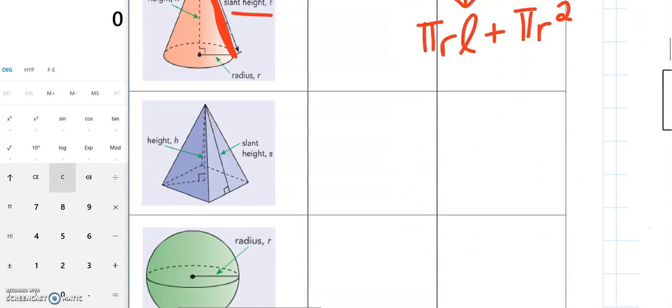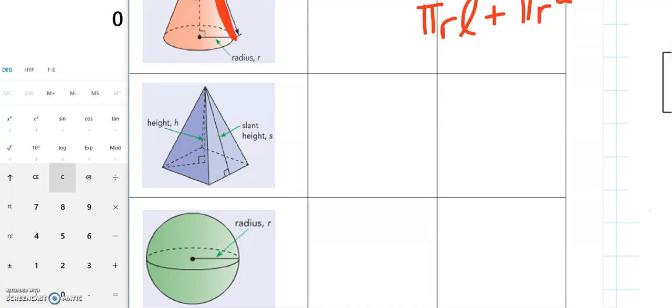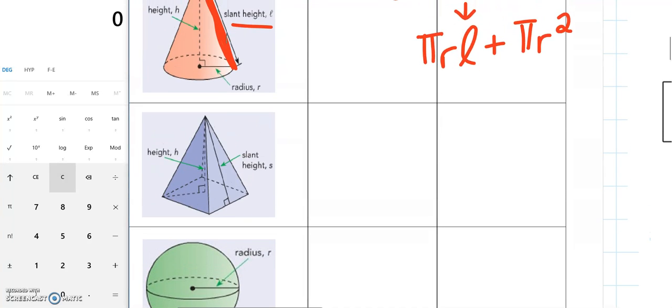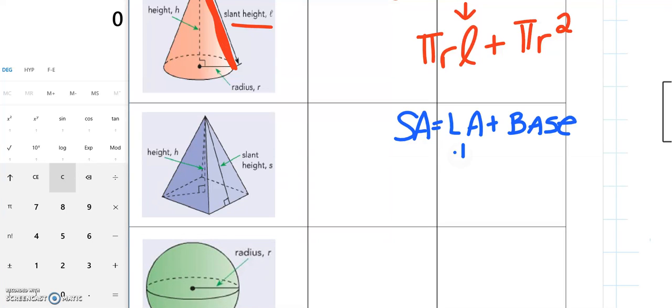And last two things that we're going to talk about, pyramid and a sphere, which I may have mentioned before, but let's start with the pyramid. Again, I'm going to write down my surface area is lateral area plus my one base, because it's a pyramid. We have one base and one apex. So for this, my lateral area, those are just going to be a bunch of triangles.